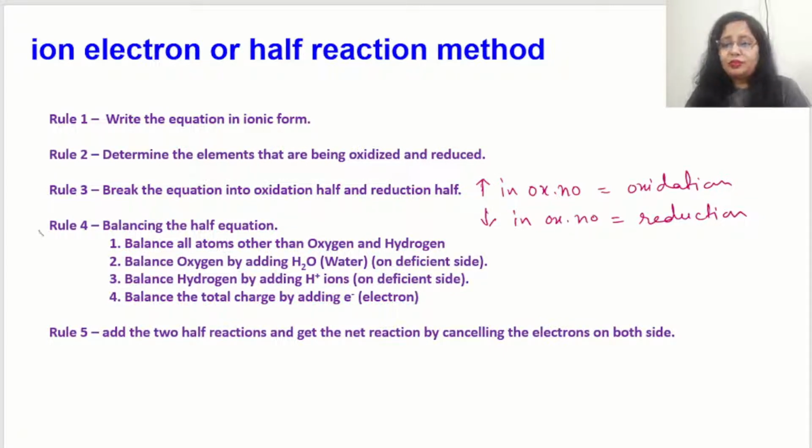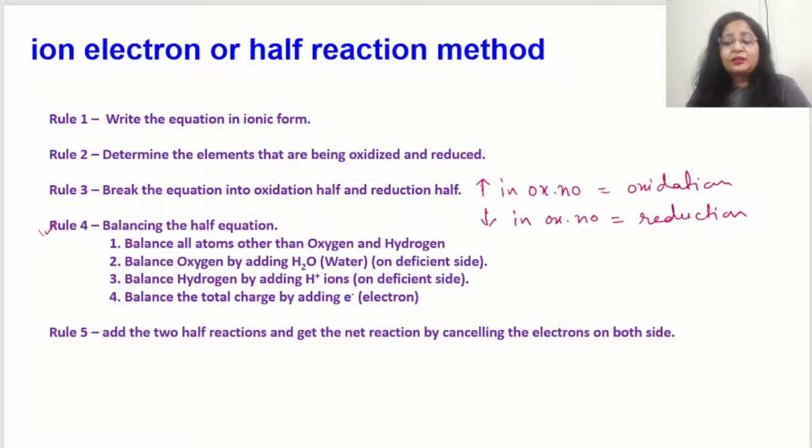For that, rule number 4 will be applied, in which first of all we balance the elements other than oxygen and hydrogen. When that is balanced, we will balance oxygen by writing the number of water molecules on the opposite side of the oxygen. It is a bit confusing, but when we start doing the example, you will be clear about that.